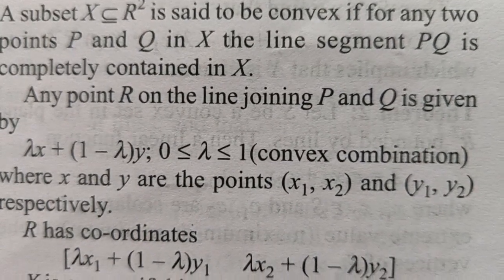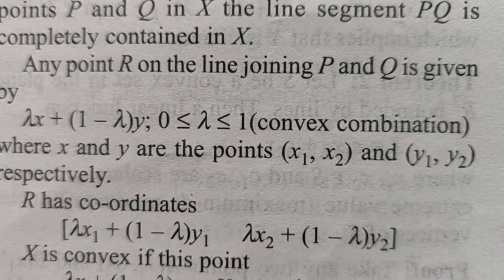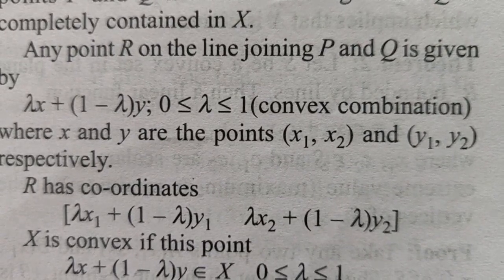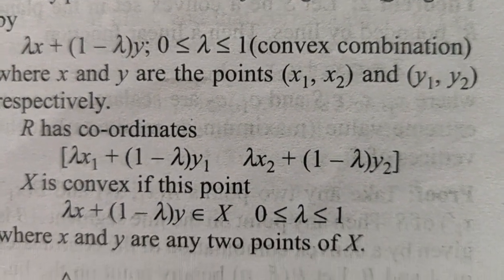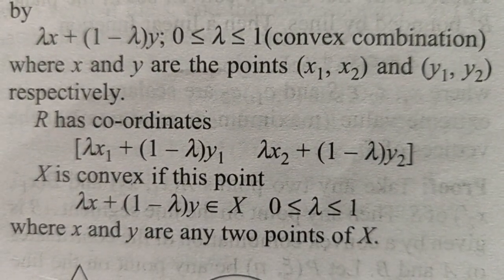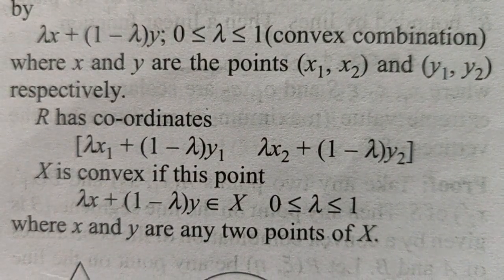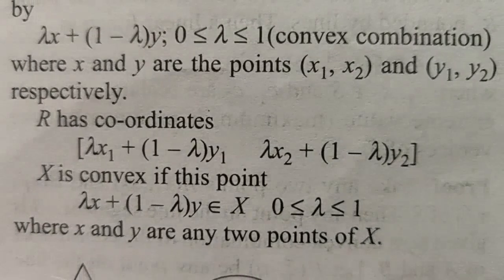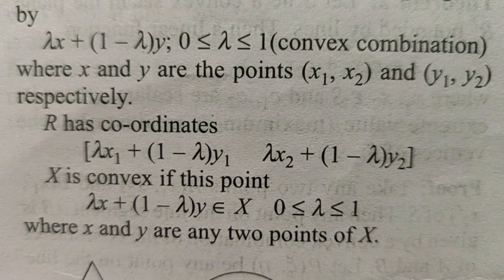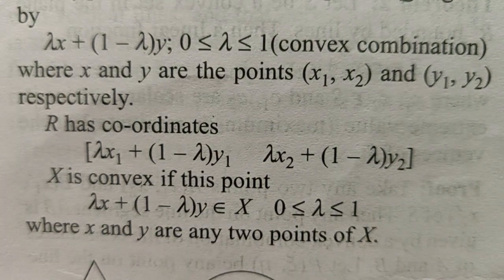So this lambda x plus 1 minus lambda y will give you the coordinates lambda x1 plus 1 minus lambda y1 and lambda x2 plus 1 minus lambda y2. So X is convex if this point lambda x plus 1 minus lambda y is an element of X. That means whenever you have a set X which is convex, any 2 points can be joined by a straight line completely contained in X.